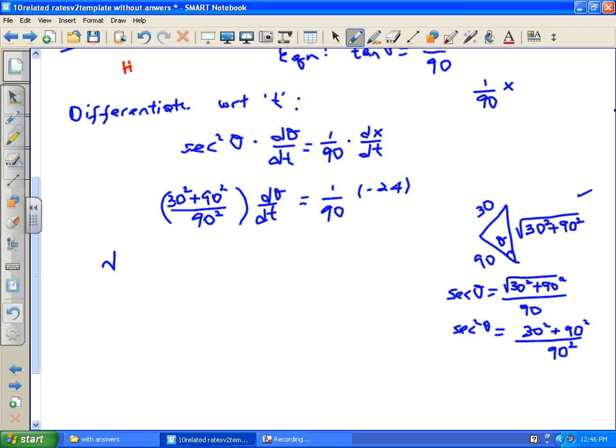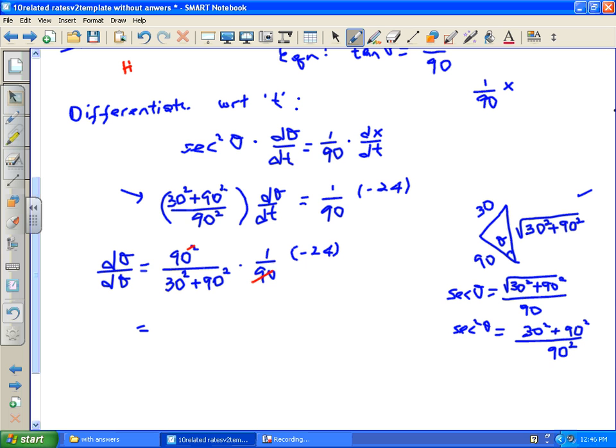And solving for d theta dt, basically multiply both sides by the reciprocal of this fraction. So that will appear on the other side as 90 square over 30 square plus 90 square. And we already have on the right hand side 1 over 90 times negative 24. And one of these 90s can be cancelled.